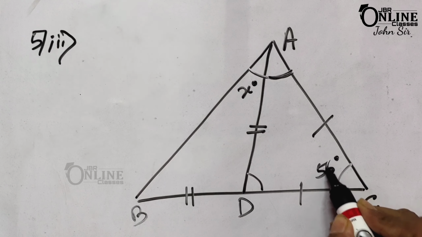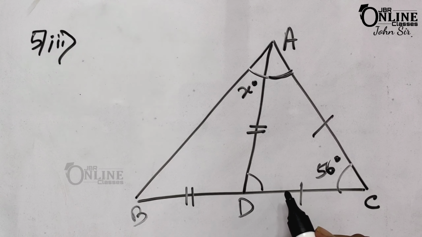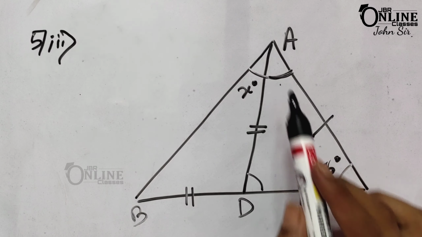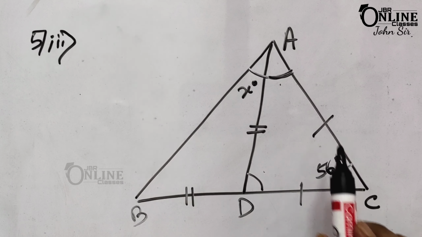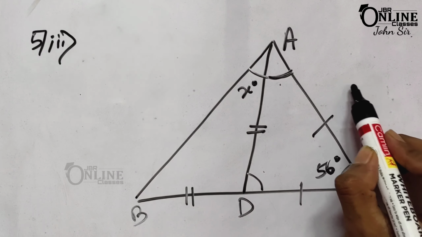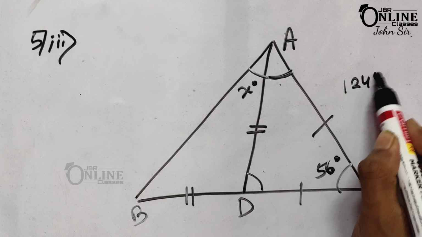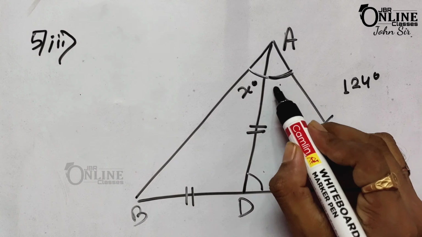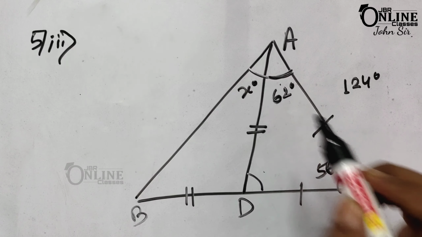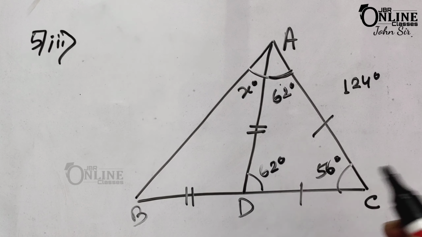So if this one equals 56 degrees, the addition of these two angles will be 180 minus 56, that equals 124. So half of 124 equals 62. So this one equals 62 and this one equals 62 degrees.